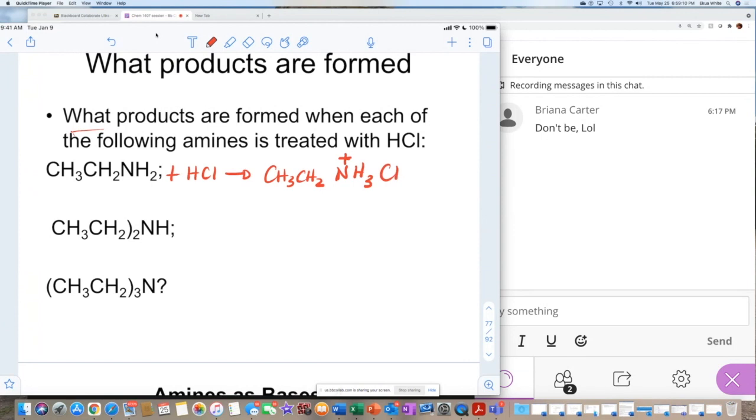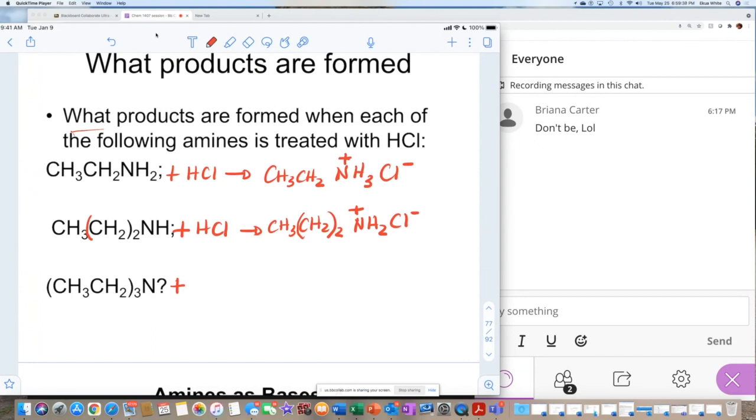And then the Cl just hangs around there, okay? Plus HCl. I'm going to write this out. Oh, it's supposed to be like this. It looks like that. CH3, CH2, the 2 outside, and gets an extra H and a positive charge. Then the Cl just hangs around as a negative.